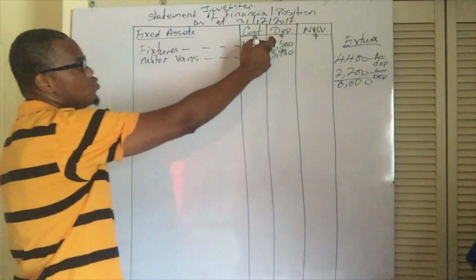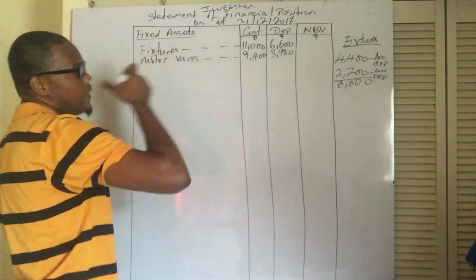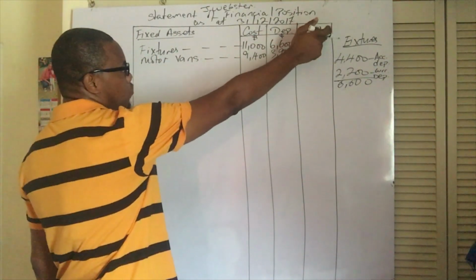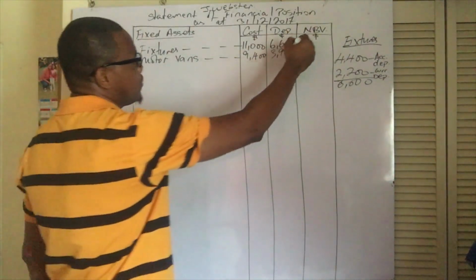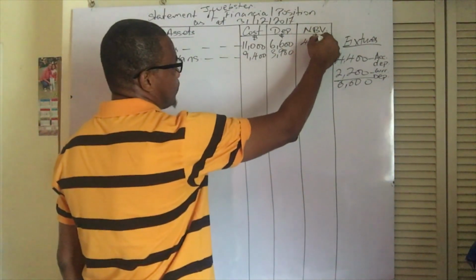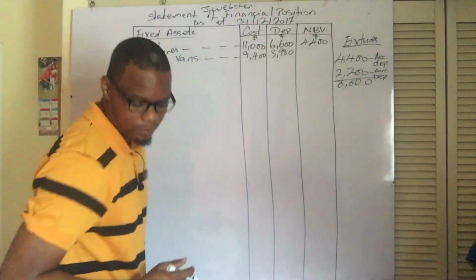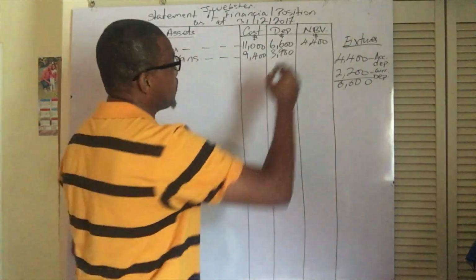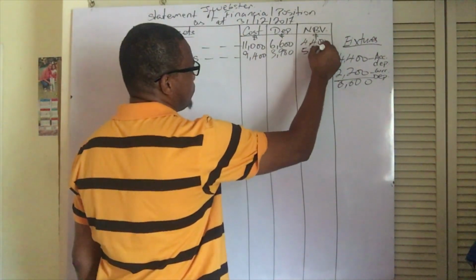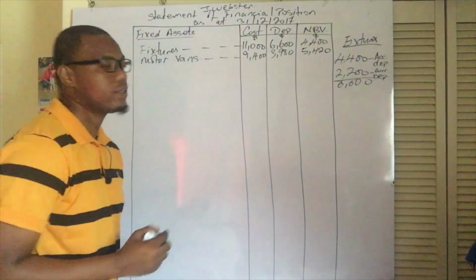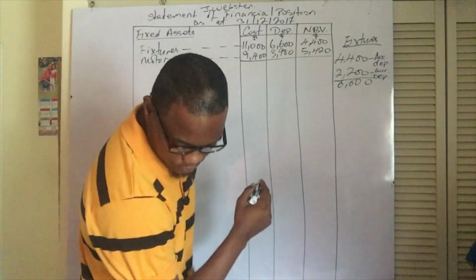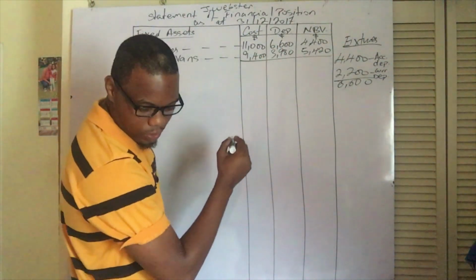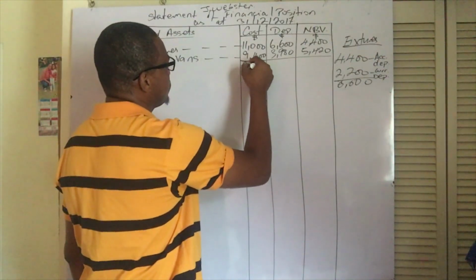And then now you will subtract your depreciation from the cost to get the net book value. So when you subtract it, you get 4,400. And then for the motor van, you would get 5,420. All right, so you add them up. The cost column would add up to be 20,400.